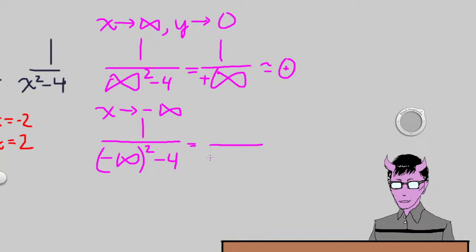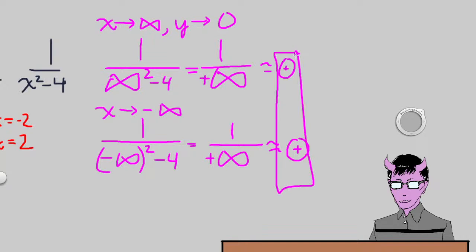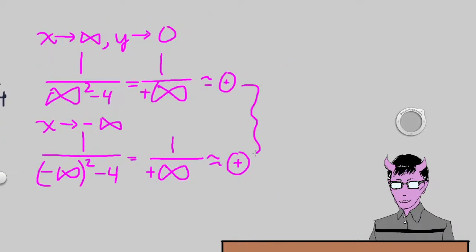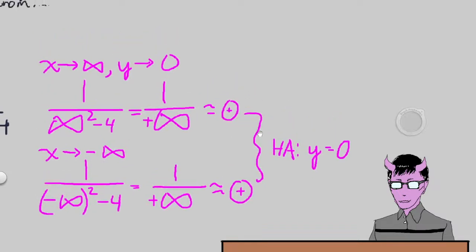So absurdly huge positive number minus 4 is still absurdly huge and still positive. 1 is still on top. And like the previous situation, we're going to get almost 0, but it's still positive like before. And that's interesting because both of these are now positive. So in summary, because these are in agreement, we can say that there is a horizontal asymptote. And that horizontal asymptote is y is equal to 0.